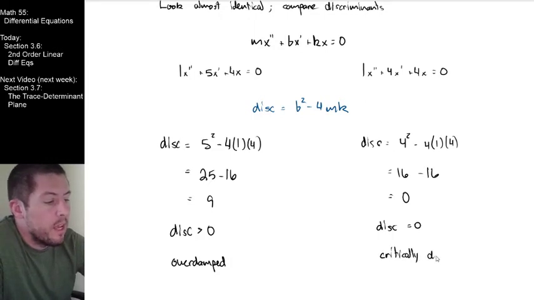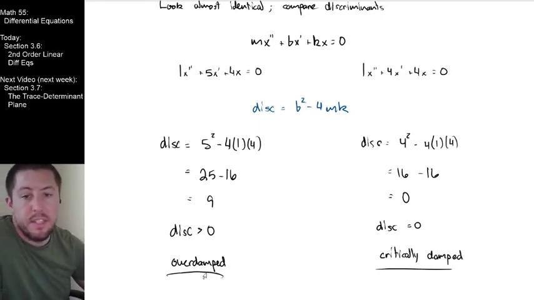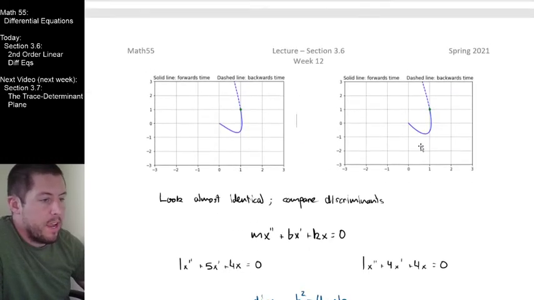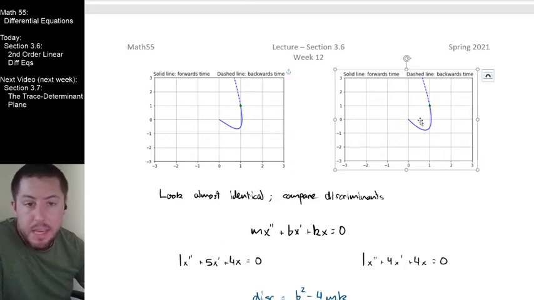So the point is, you really can't just look at one graph and see what the difference is going to be. These two solution curves look almost identical. The issue is that technically speaking, this one is taking less time to get back to the origin than this one, but you can't see time on these graphs.